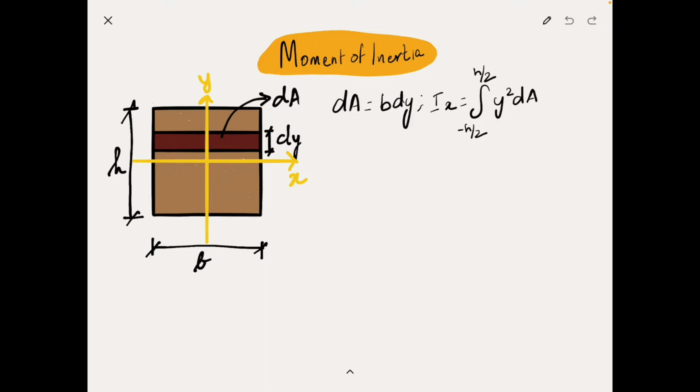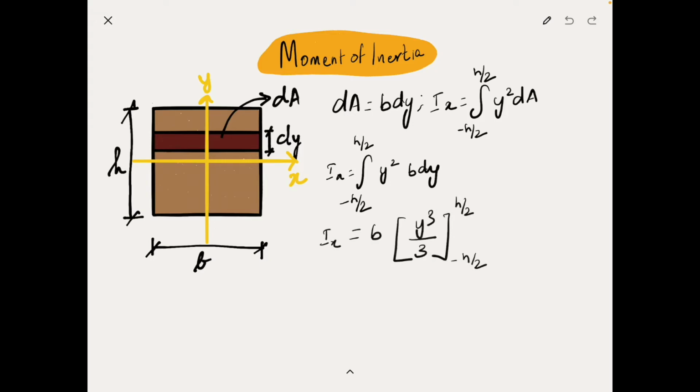When we substitute dA in the equation, we get Ix is equal to the integral of y squared b times dy within the limits of minus h divided by 2 to h divided by 2. The breadth of the rectangle is constant, so integrating y squared with respect to dy, we have Ix is equal to b h cubed divided by 12.